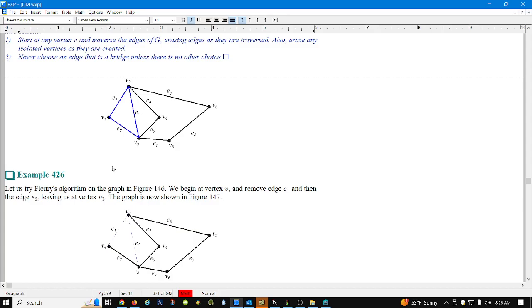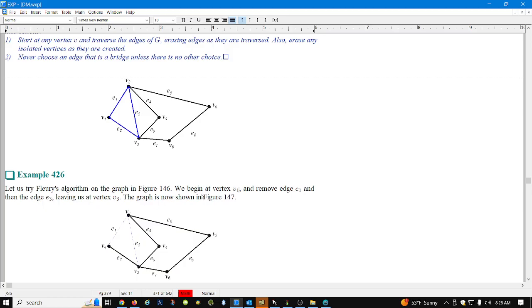Okay, so we'll begin at vertex V, it should be V1, I presume, and remove edge E1. And what I've done is I've just made it a very faint line. I hope you can see it, rather than erase it completely so you can see where it used to be.